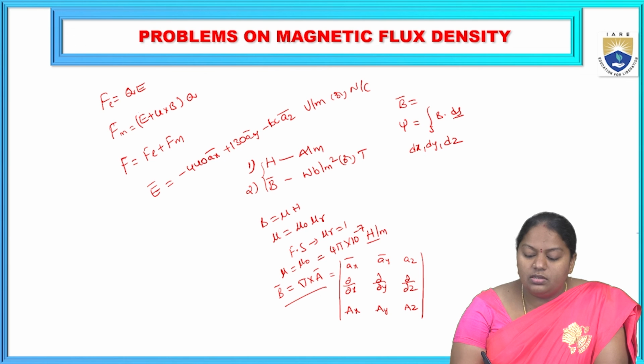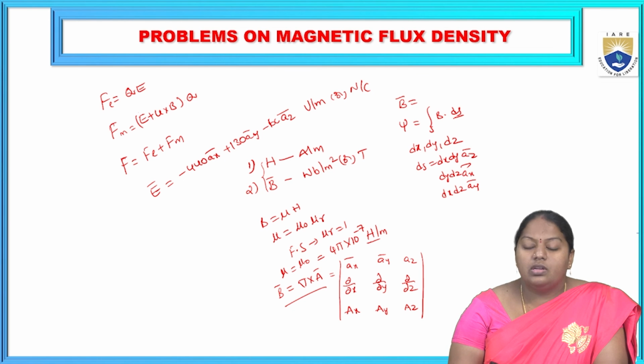For the xy plane, ds becomes dx dy with vector direction az. For the yz plane, it will be dy dz into ax. For the xz plane, dx dz into ay.